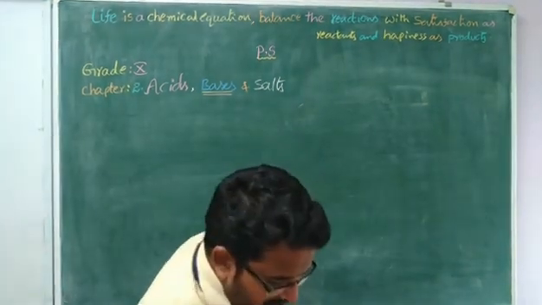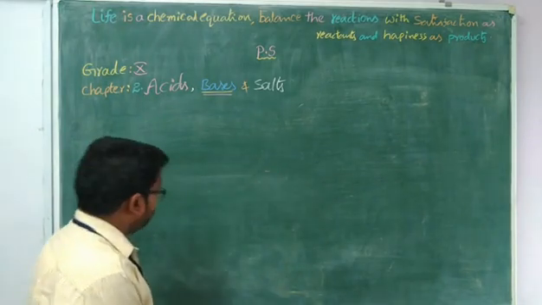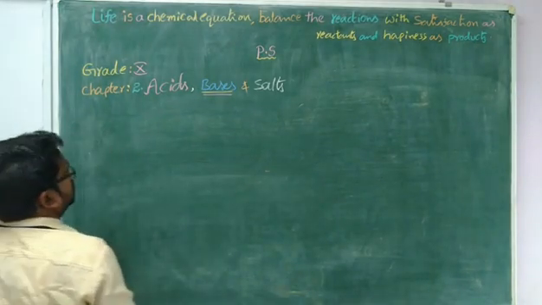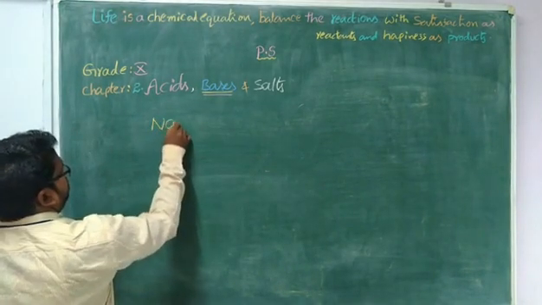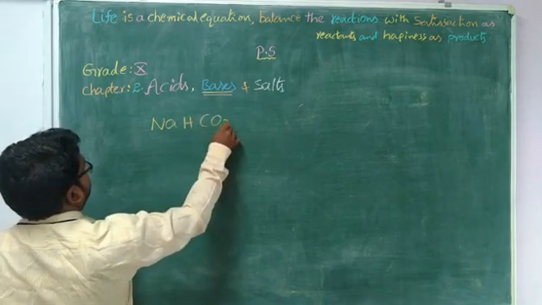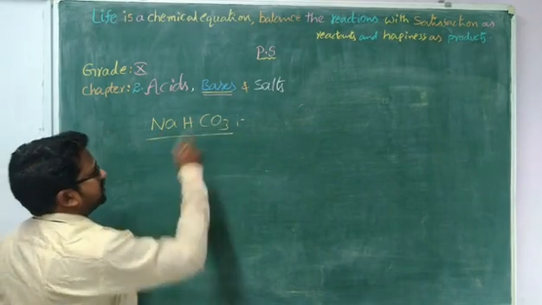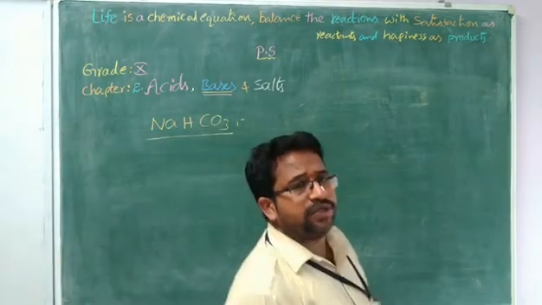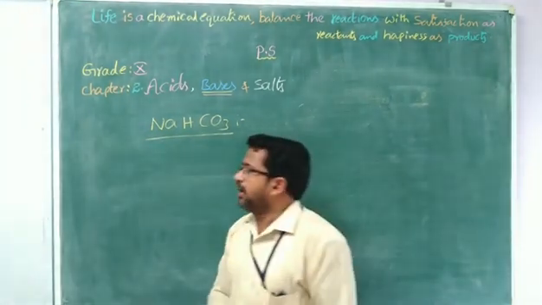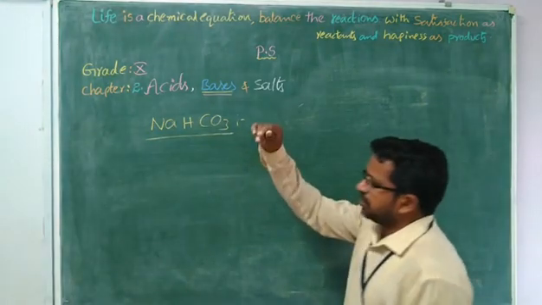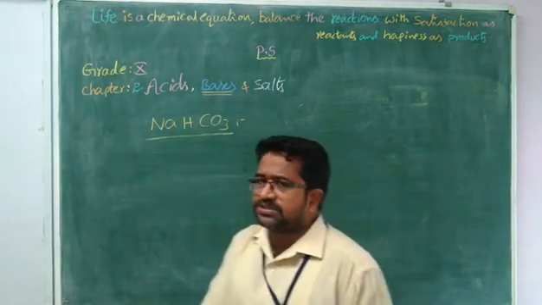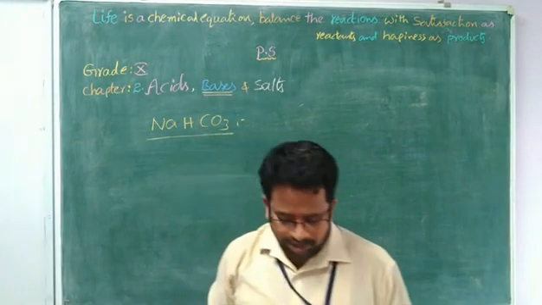After the bleaching powder, we have one more common salt, that is NaHCO3. Sodium bicarbonate or sodium hydrogen carbonate. Both are the same. Let us see how we can identify and how we can prepare this sodium bicarbonate.